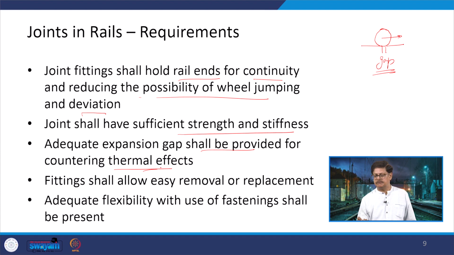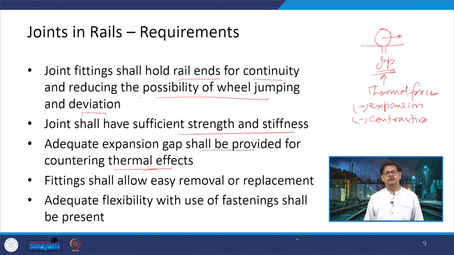So, at this point, whatever gap is provided has also to be looked at with respect to the thermal forces, and these thermal forces may induce expansion or contraction. So, there is a positive or a negative movement here.